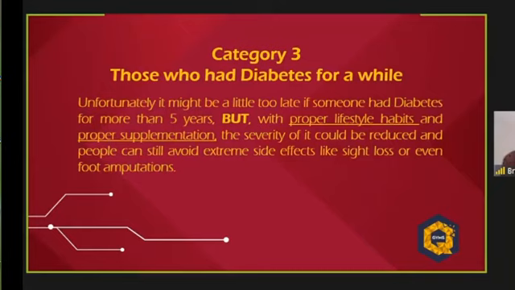In extreme cases, you will lose sensation in your foot and lower legs, and that can cause foot amputation. It's one of the worst side effects that come from diabetes.